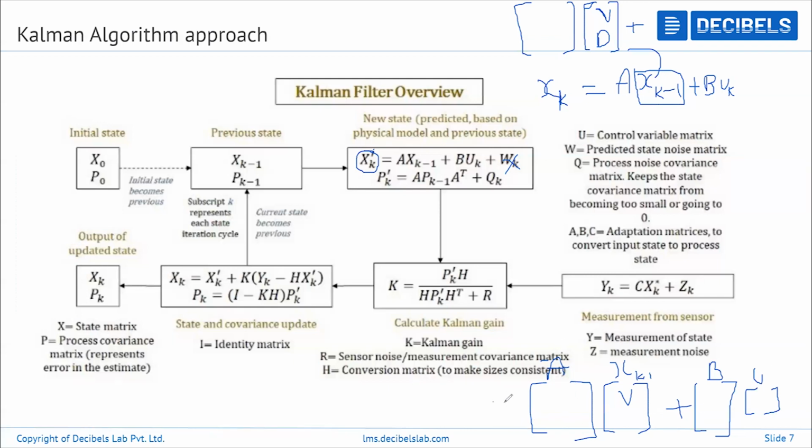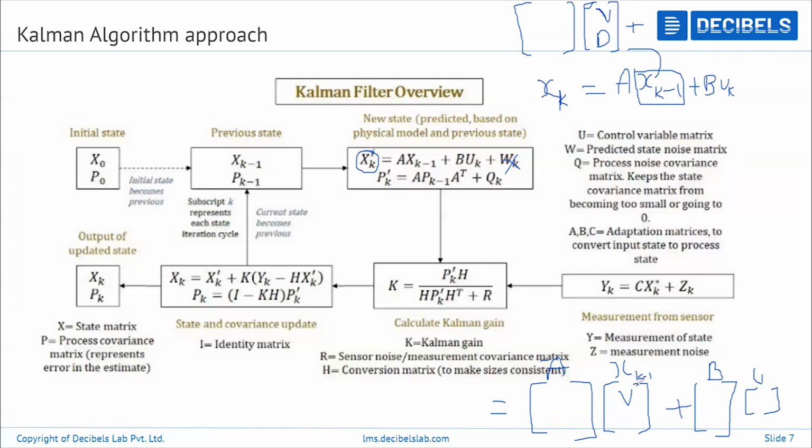So whatever the parameters which are in X of K minus 1, that represents the previous time.